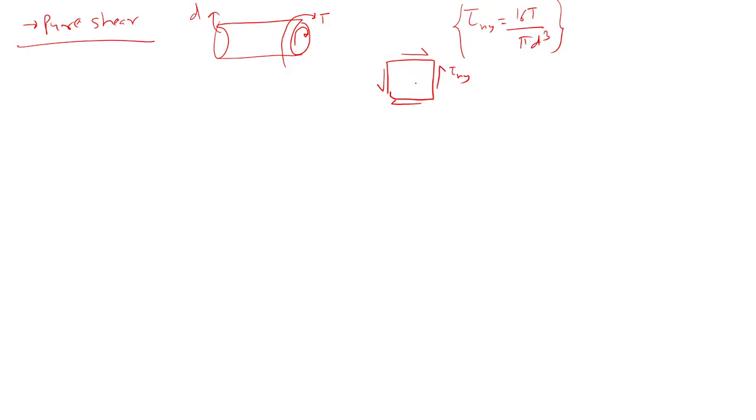So what would be the principal plane? 45 degree to it. 45-degree anti-clockwise. What would be sigma 1 and sigma 2? Sir, it will be the same magnitude as shear. Sigma 1 will be tau xy and sigma 2 minus tau xy, right?